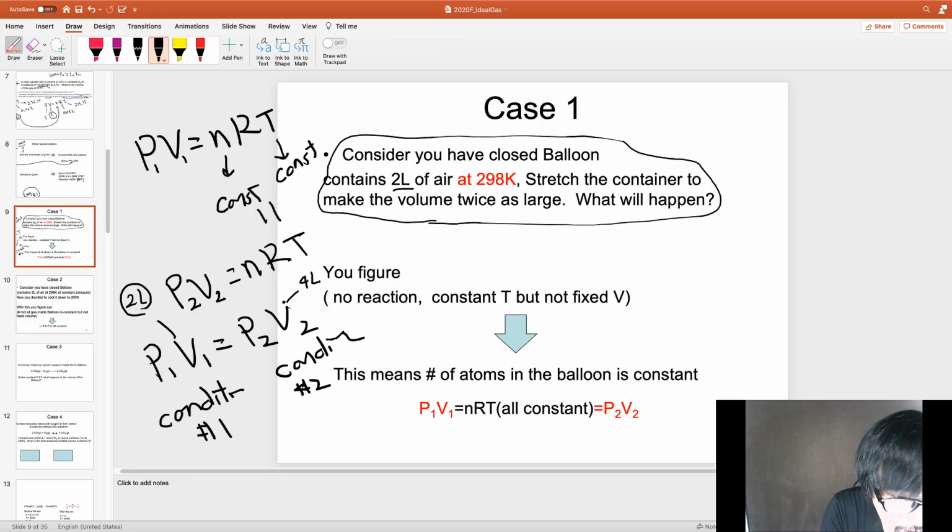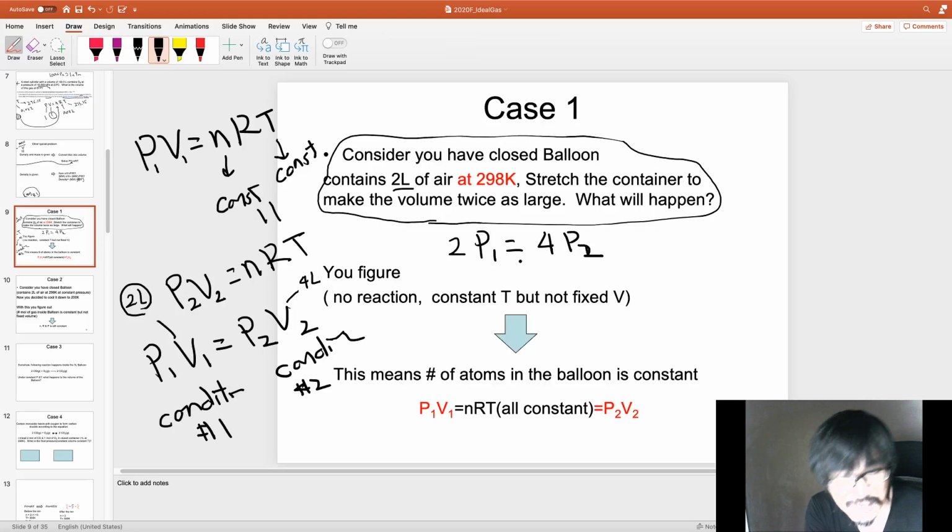We actually had 2P1 is equal to 4P2, sorry. That's because the volume changed from 2 liters to 4 liters, right? Then the pressure 2 has to be half of the pressure 1, right? So that's pretty much how you solve this problem. So pressure is going to decrease to half the value of the original pressure.